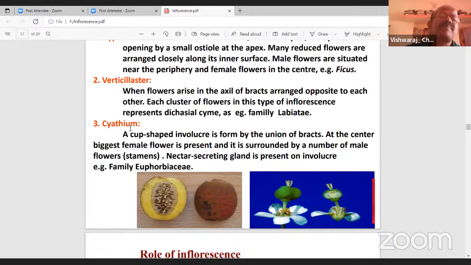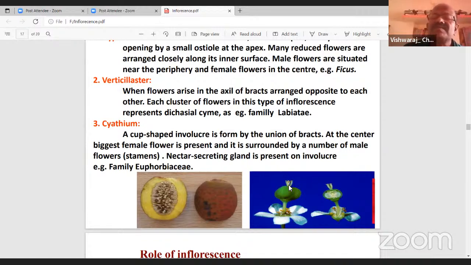The third special type of inflorescence is a Cyathium, a cup-shaped involucre formed by the union of bracts. A number of bracts are united to produce a cup-shaped involucre.